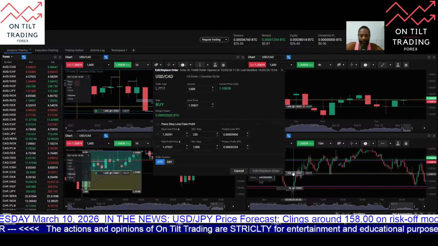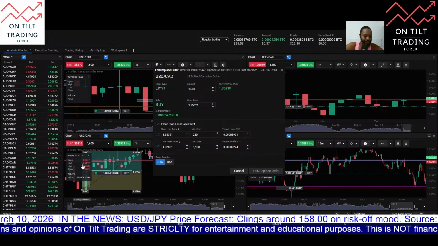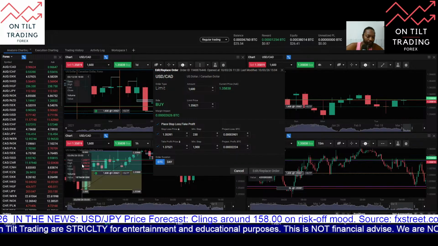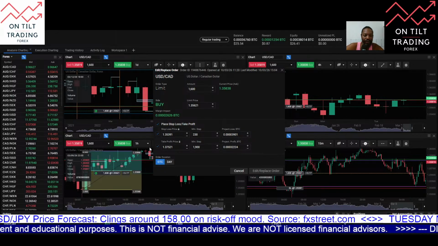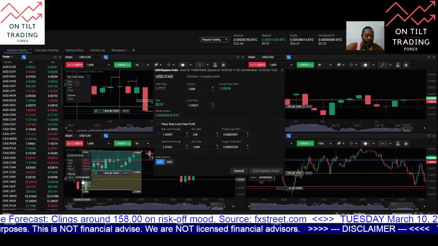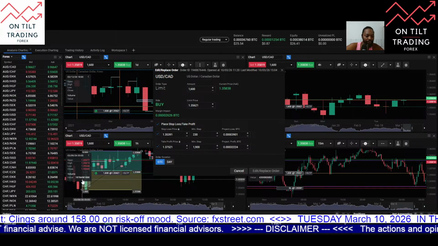So I'm going to change my stop loss here. My low here is 135.228. So I'm going to give it a 20-cent stop, 135.228.